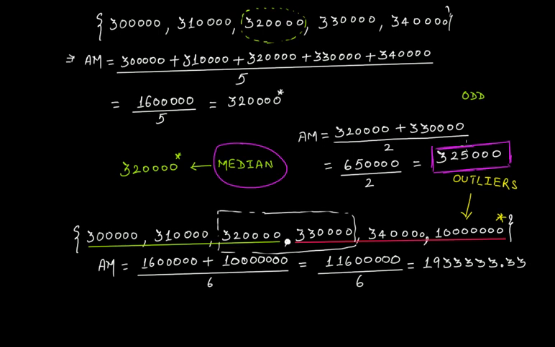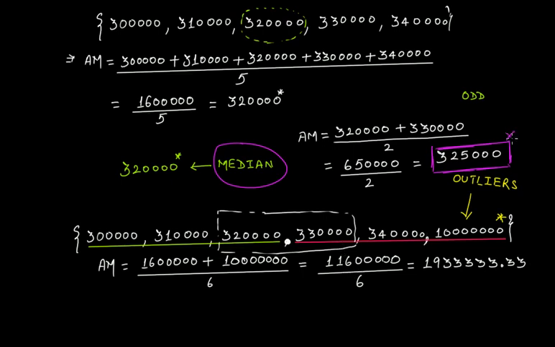It still shows a very accurate measurement of average annual salary for this group, where most of the people are earning even less than 3,50,000. It's between 3 lakh and 3,40,000. Therefore, there's no way that your average calculation should exceed 3,40,000. It should be in between these two, right?